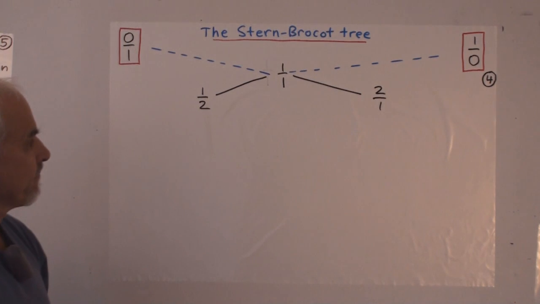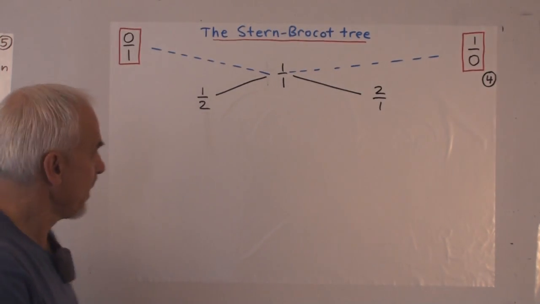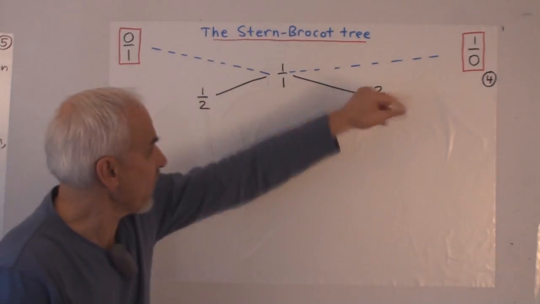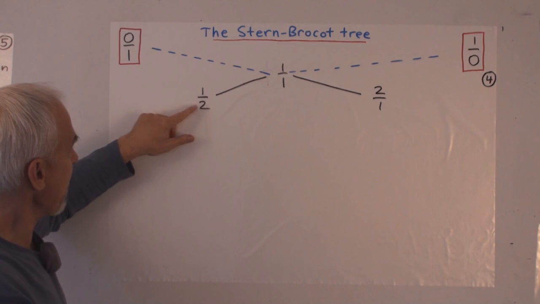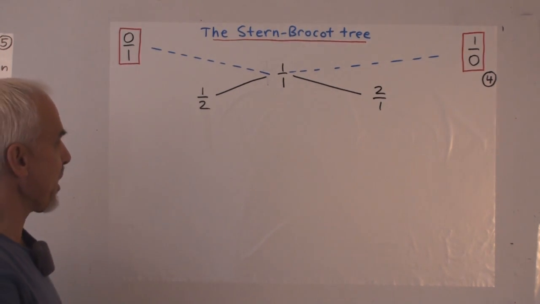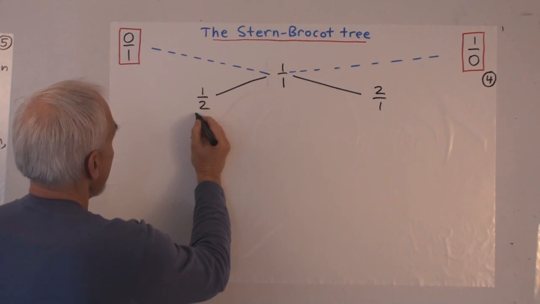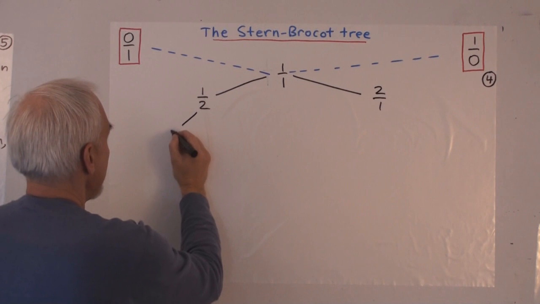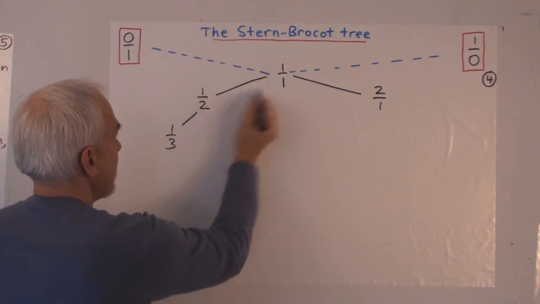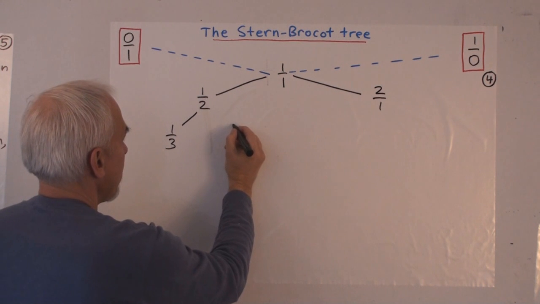Okay, good. Now below 1/2, well, in the sequence that we've got so far, 0 over 1 and 1/2 are neighbors, so their mediant will be 1/3, which we'll put here, and the mediant between these two is 2/3, which we'll put here.